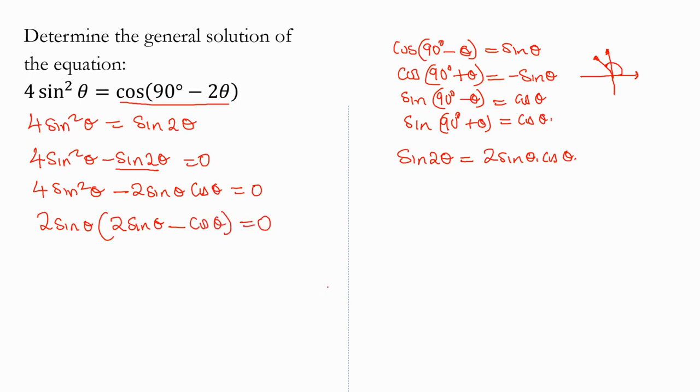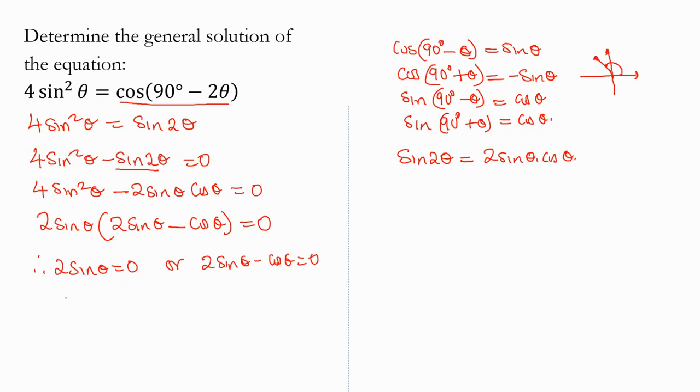This is a product of two factors giving 0. So it's either 2 sine theta is equal to 0 or 2 sine theta minus cos theta is equal to 0.